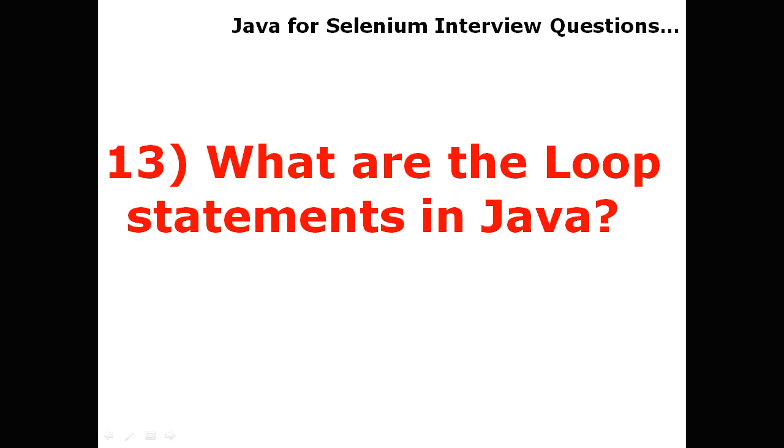Next, what are the loop statements in Java? Whenever we want to execute a block of statements multiple times, then we use loop structures. There are four types of loop structures in Java. One is for loop, second one is while loop, third one is do while loop, fourth one is enhanced for loop.